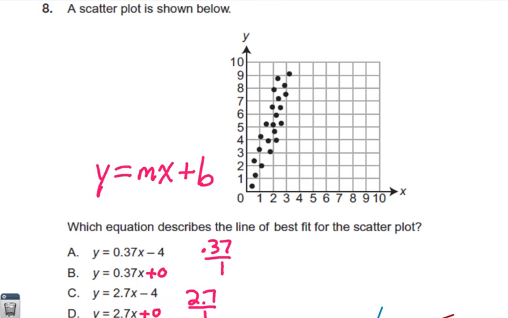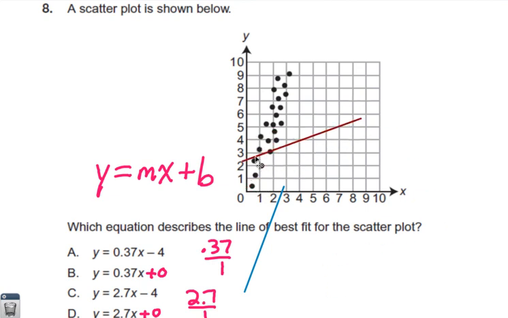Right? Well, I have pre-prepared a line that has a slope of 2.7 over 1, and this has a prepared slope of 0.30. Yep, it's not going to be that. I mean, look at this again.